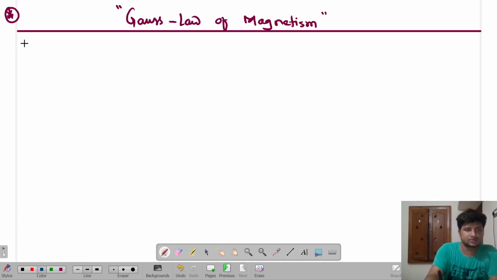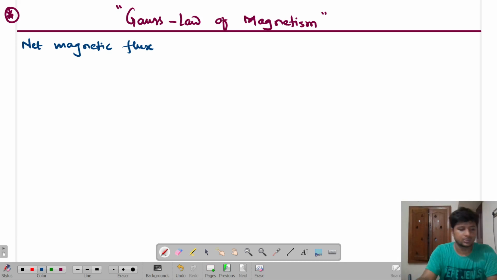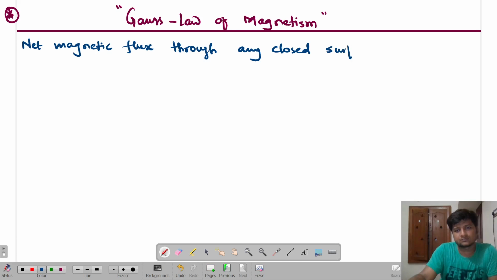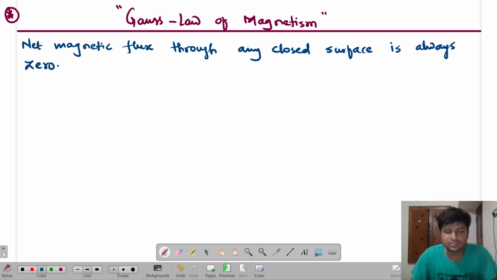It says that net magnetic flux through any closed surface is always, instead of what earlier we used to consider, this time always zero.